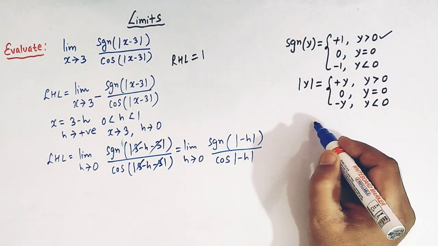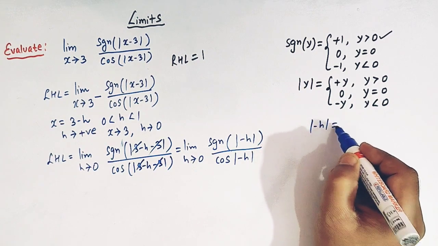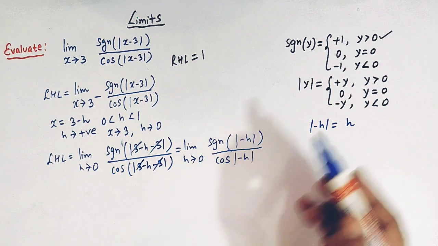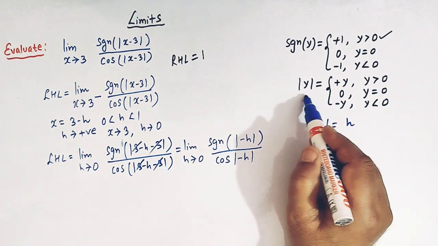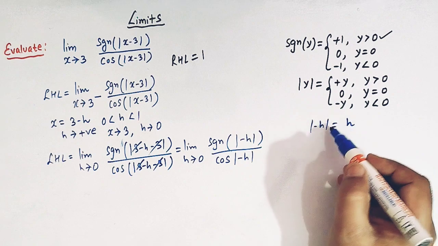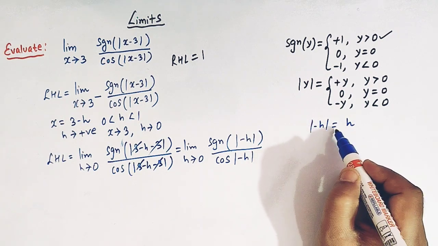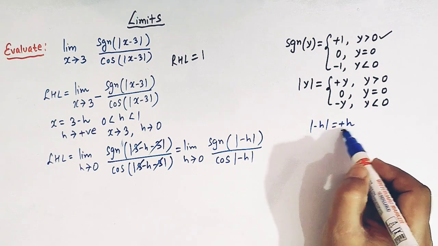So now mod of minus h is simply equal to positive h by definition of absolute value function, right? Because h is a positive quantity, so mod of minus h is equal to positive h.